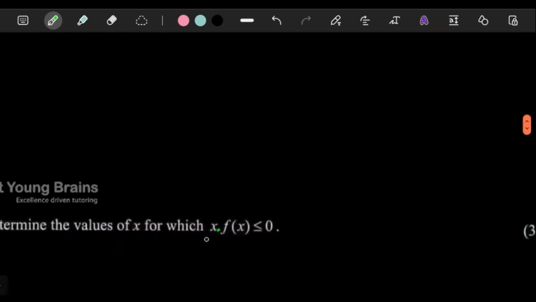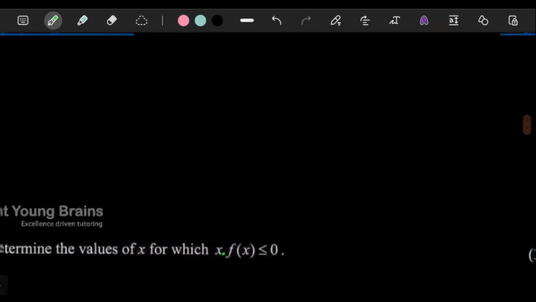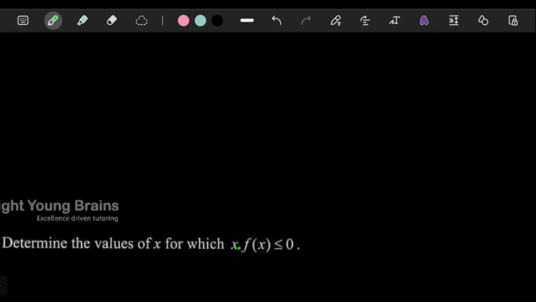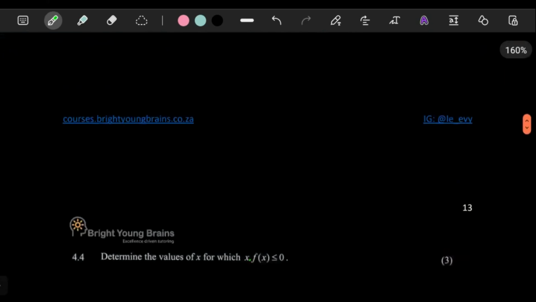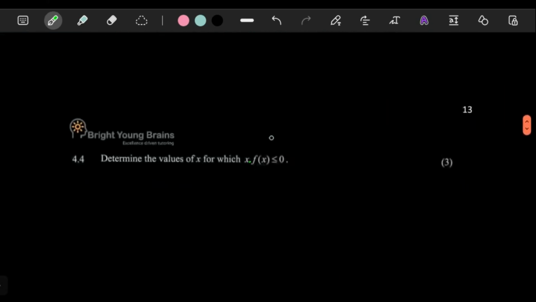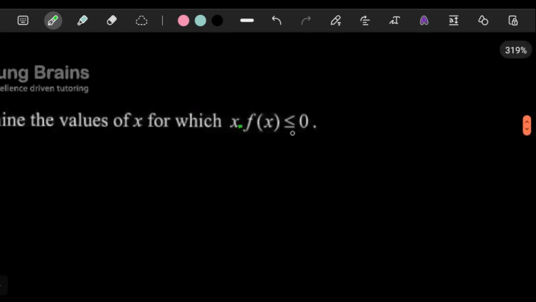So x represents x values, f of x represents y values. They're talking about the equation of f, right? They're basically asking you, if you multiply out these two things, where will you be getting a number that is smaller or equal to 0?